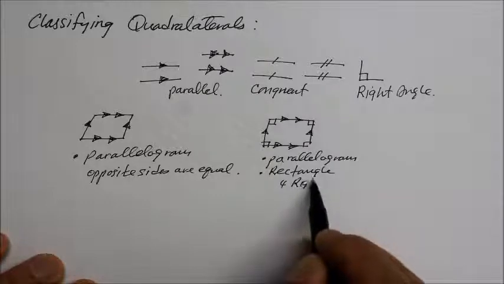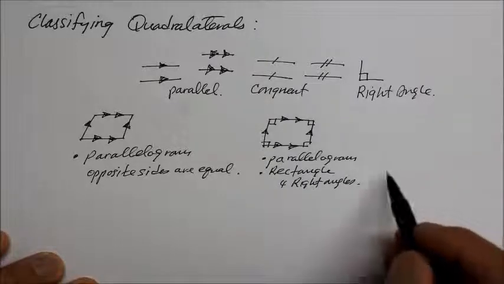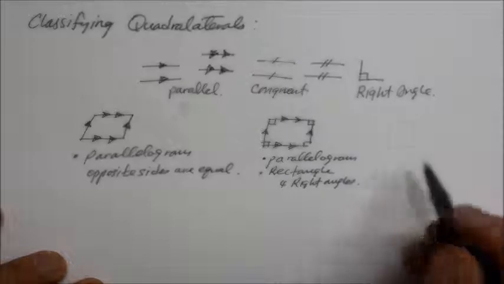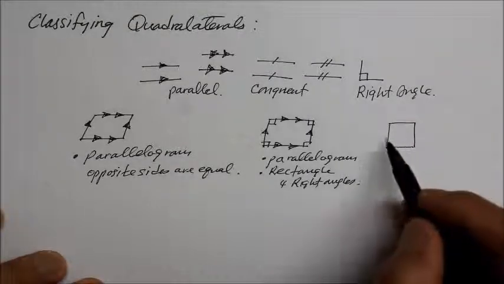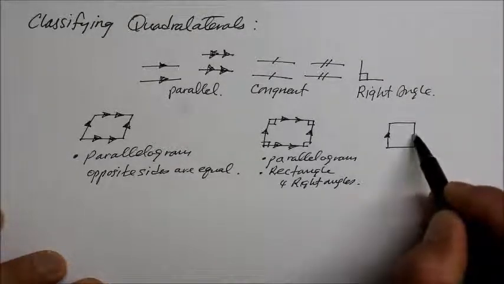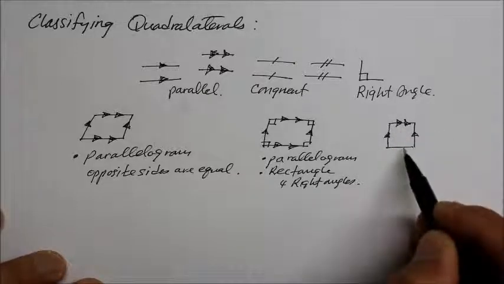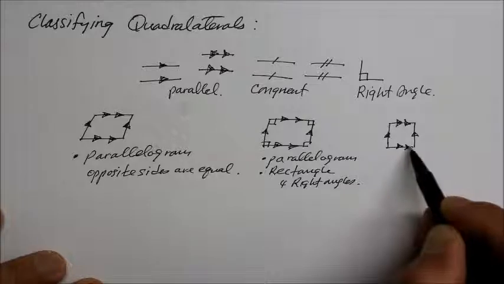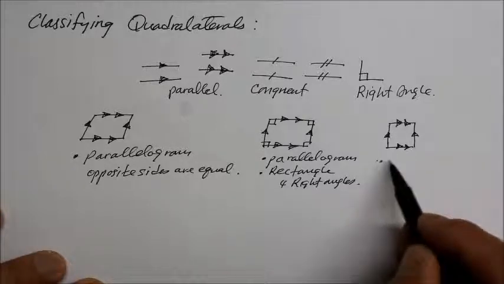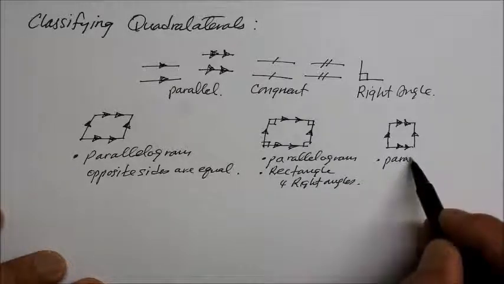Four right angles. Let me introduce you to another parallelogram. You know what that looks like, huh? But check this out. These two are parallel to each other. These two are parallel to each other, which makes it a parallelogram. This is still a parallelogram.